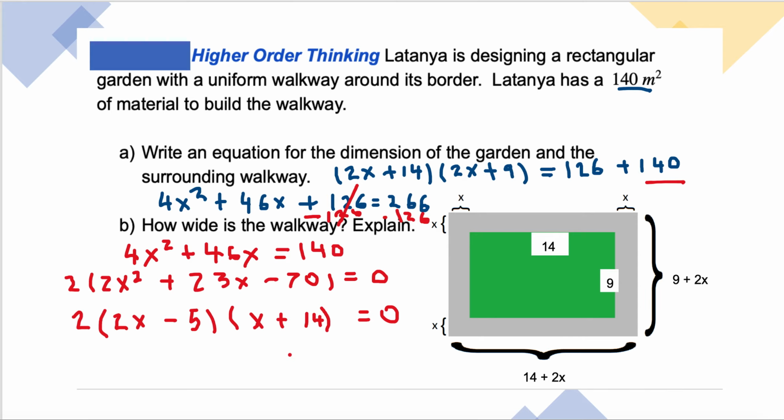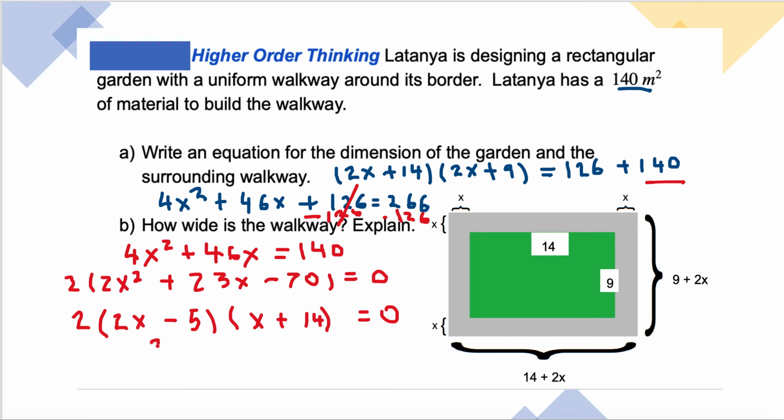But to find the dimension x, I am not taking x plus 14, because if I equate x plus 14 with 0, it's going to give me a negative number, and a distance cannot be negative. It has to be positive. So I'm going to take 2x minus 5 and equate it with 0.